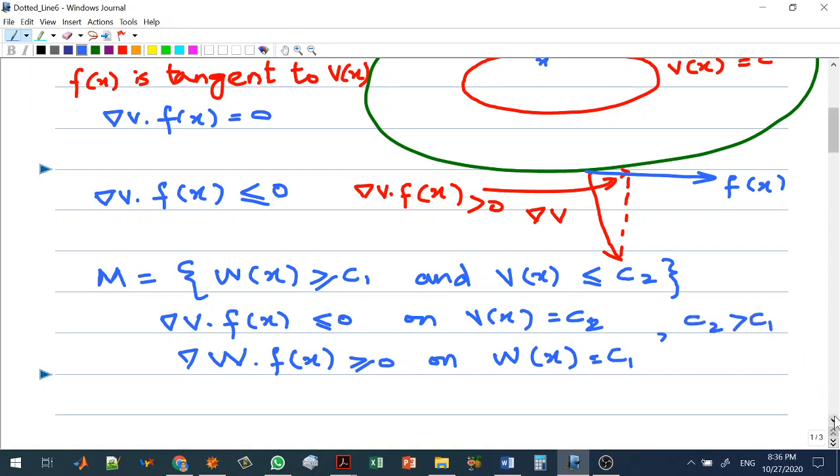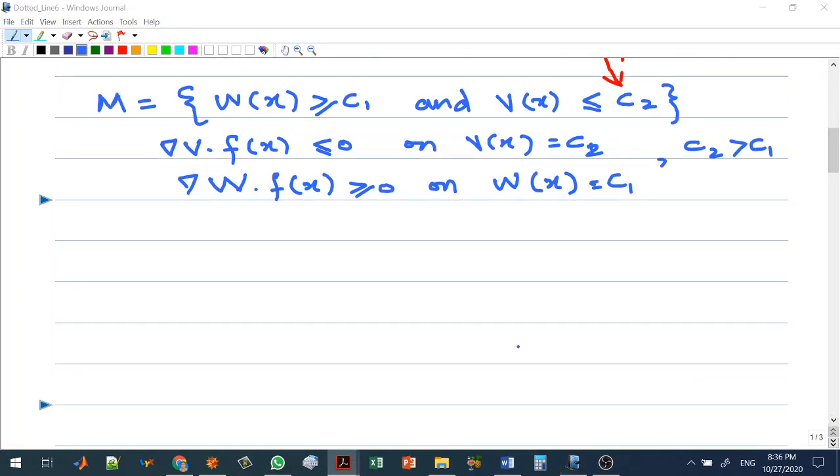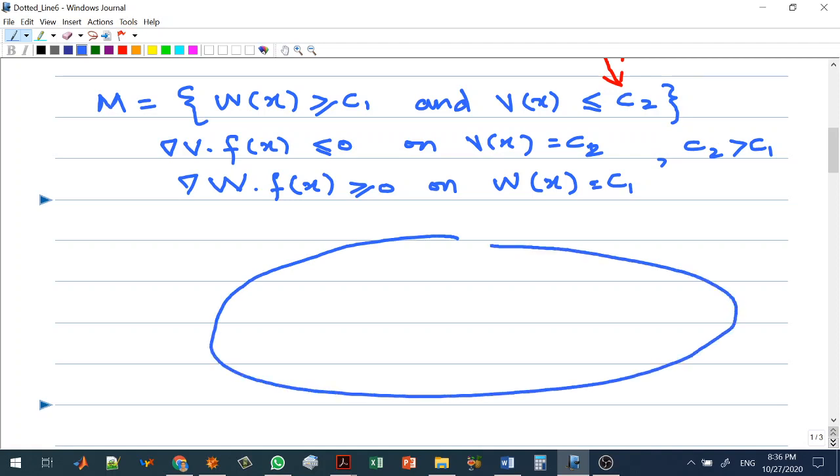So if I illustrate this in the form of a figure, we have a region like this.